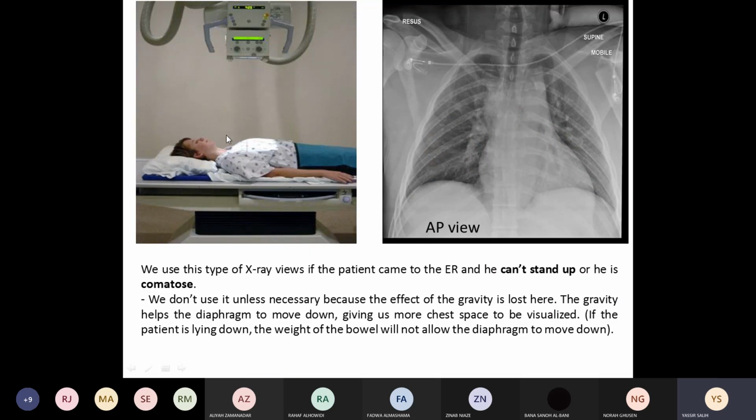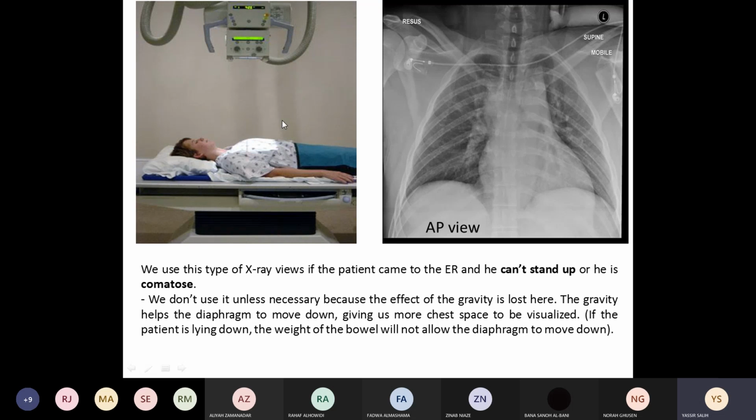In this technique, the chest X-ray is done in AP and supine. The patient is supine, and this is the tube, the source of X-ray. The X-ray is produced here, and then moves and enters the anterior part and exits from the posterior and then reaches the film.